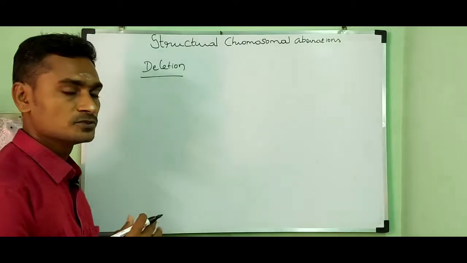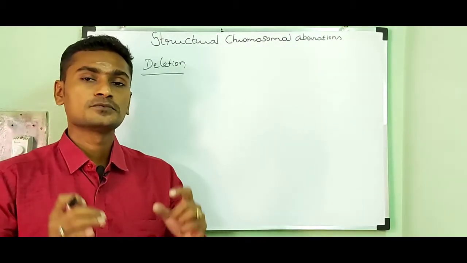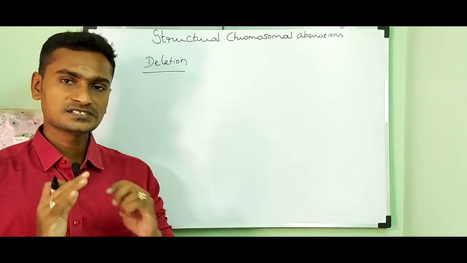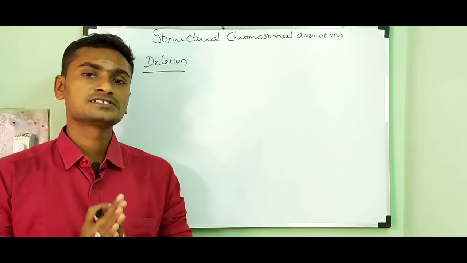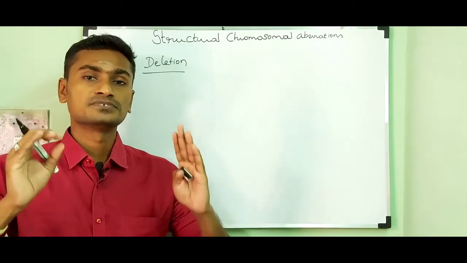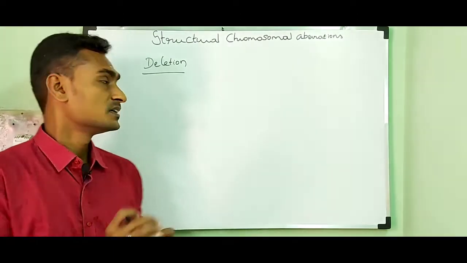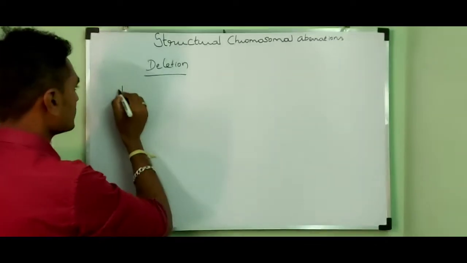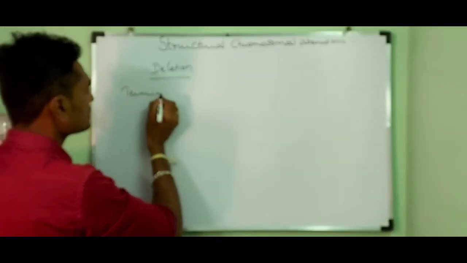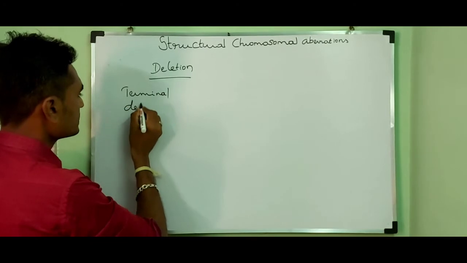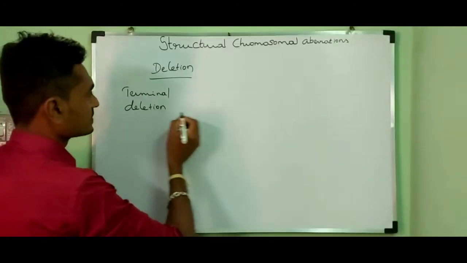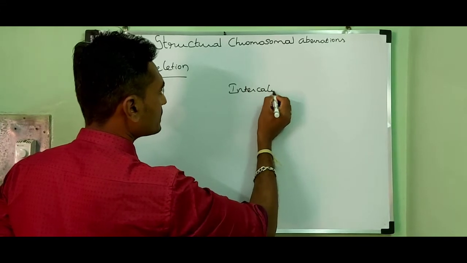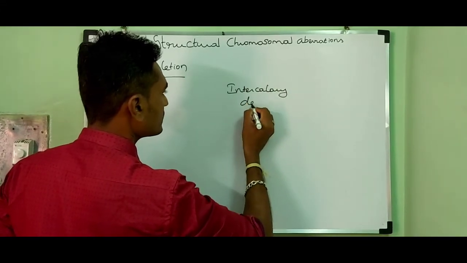Deletion mutation means loss of a portion of a chromosome. On the basis of location of breaks on the chromosome, the deletion mutation can be divided into two types. They are terminal deletion and intercalary deletion.